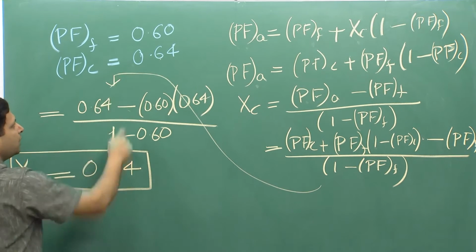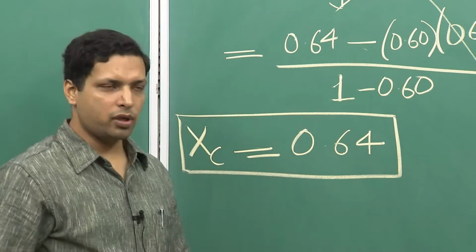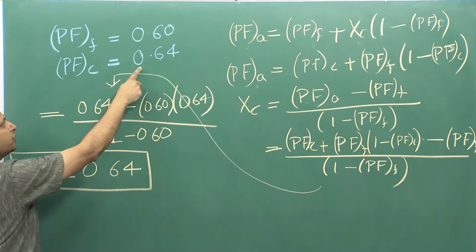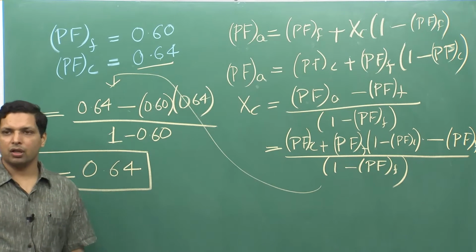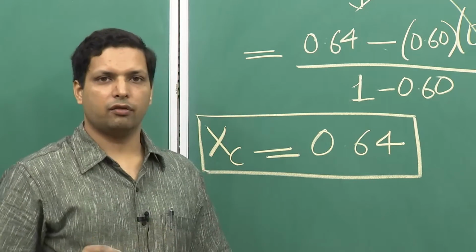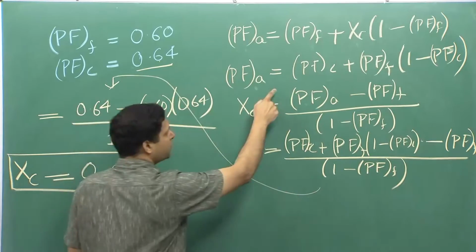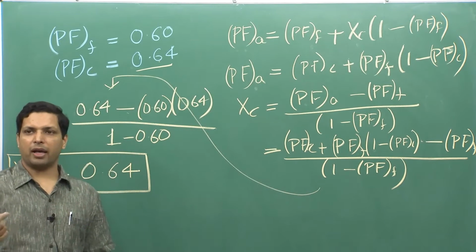Why is that? It should not be a surprise actually. It is not even a coincidence that this is coming out to be 0.64. What does this 0.64 represent? This 0.64 represents the packing fraction of the coarse particles when it is completely packed or fully filled as far as possible. And this is the condition we said is there when you want to find the maximum packing fraction.